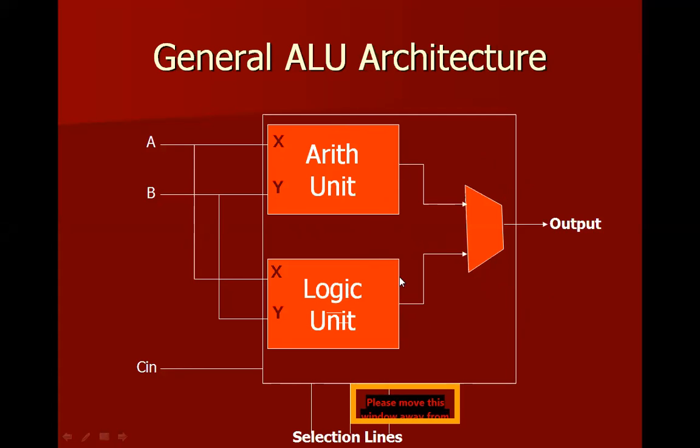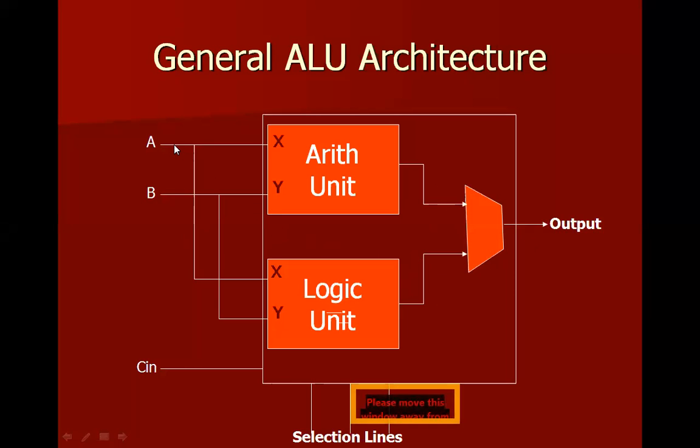If we are doing logical operations, then this block should be selected. So in order to do this multiple selection, we use something called multiplexers. I think all of you are very much aware of a multiplexer, which has multiple inputs but just one single output, right?